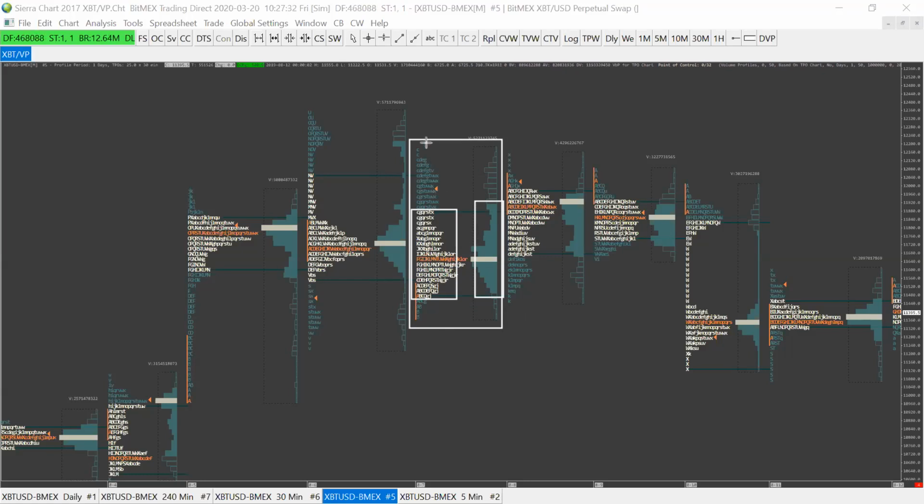Either you want to be trading outside of value, looking for a reversion to the mean, for price to move back into the value area, or you're watching for price to break out from these areas of consolidation.